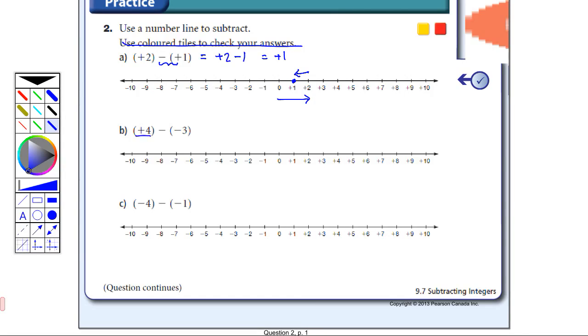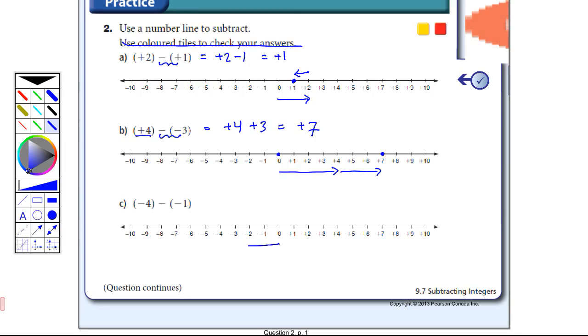Let's go to the next one. Plus 4. So I start at 0 and I go to positive 4. Now I have minus minus. Well, we know that that turns into positive. So that's really plus 4 plus another 3. That's going to leave me at positive 7. And finally C, minus 4.